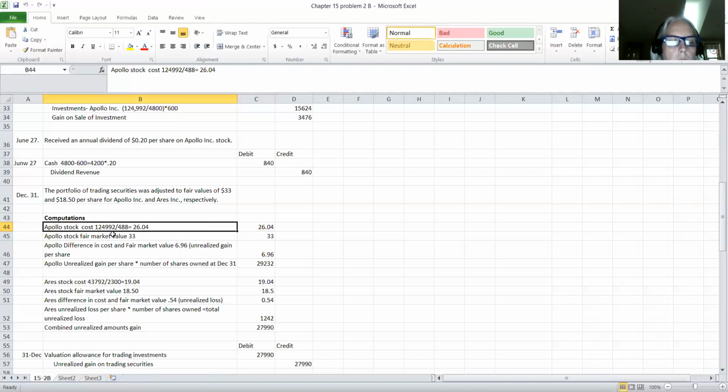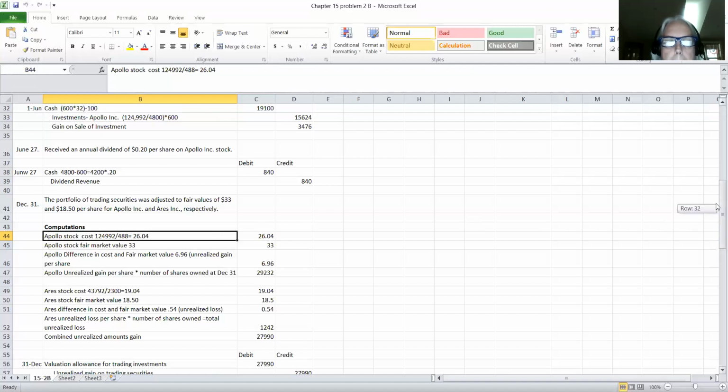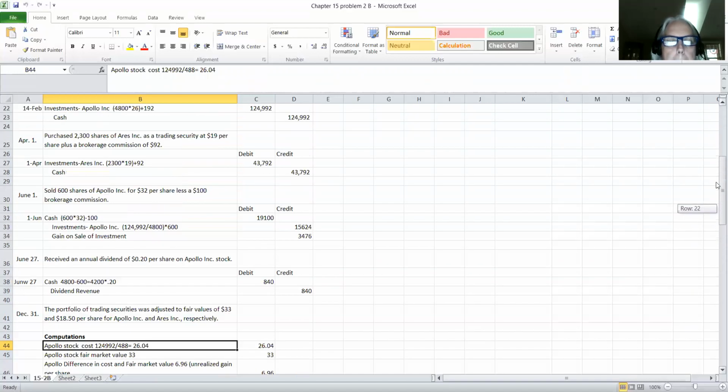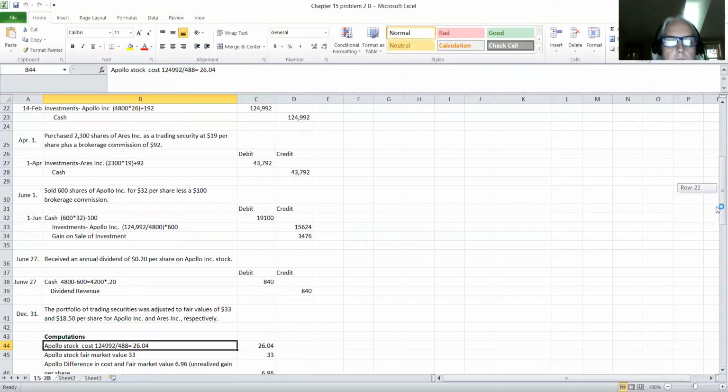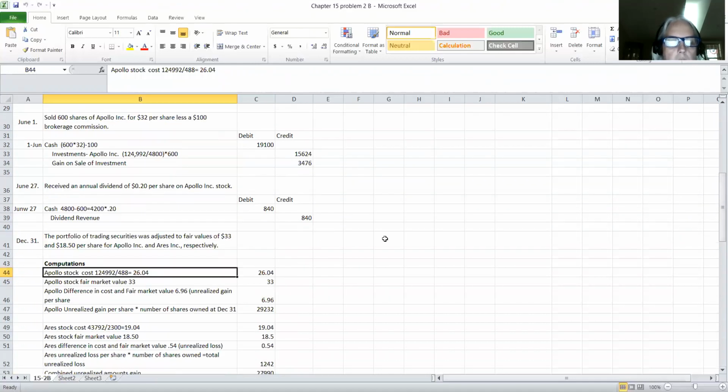That $124,992 came from this original transaction here. In other words, we had to know what the original cost per share of stock was at the balance sheet date. Our original cost per share of stock was $26.04.